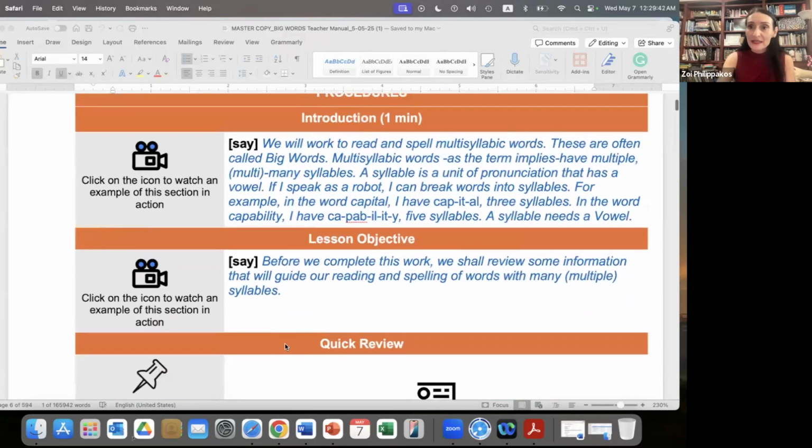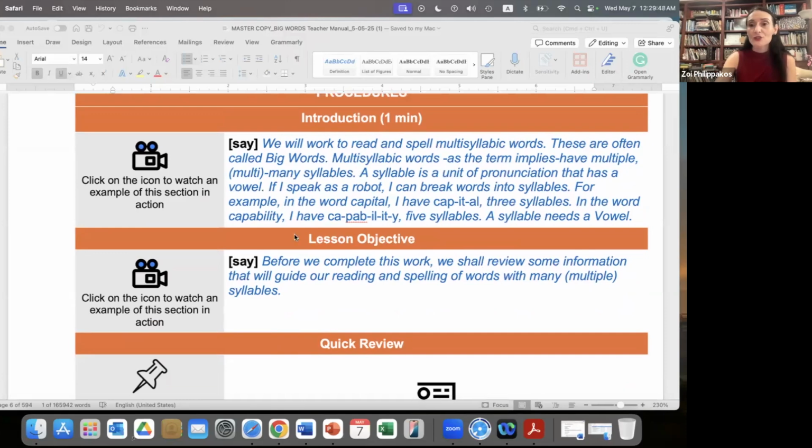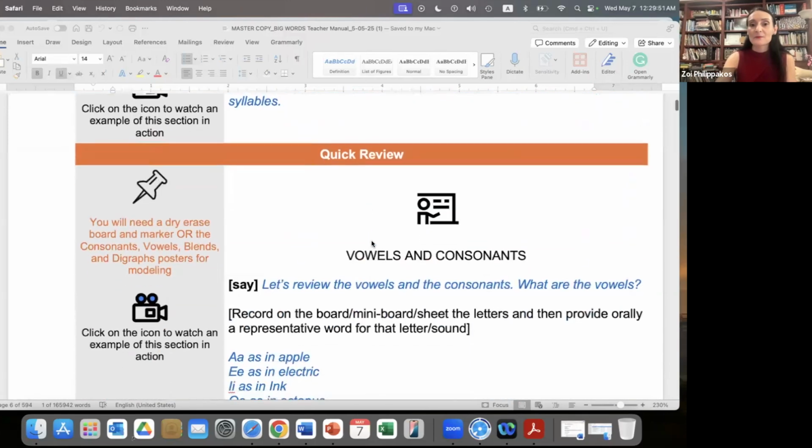And then each one of the lessons has exactly the same structure. We begin with an introduction, the lesson objective. In the initial lessons, we have a quick review of what's a blend, what's a digraph, what's a vowel.